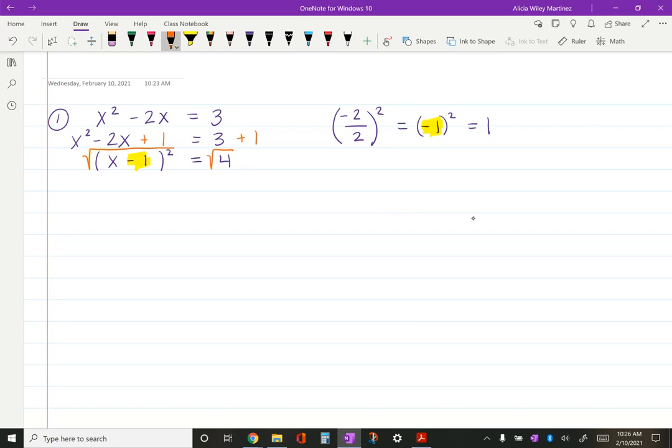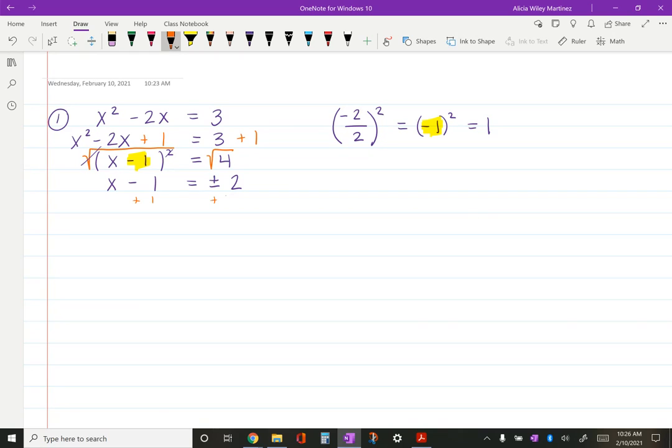Anytime you square root something that's squared, basically what it does is it cancels out that squared, giving you just the base x minus 1 equal to, don't forget plus or minus, because we know that we have to consider both cases of squaring a number. And square root of 4 is actually a perfect square. It's 2.